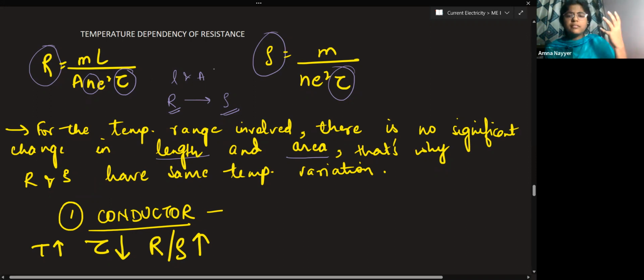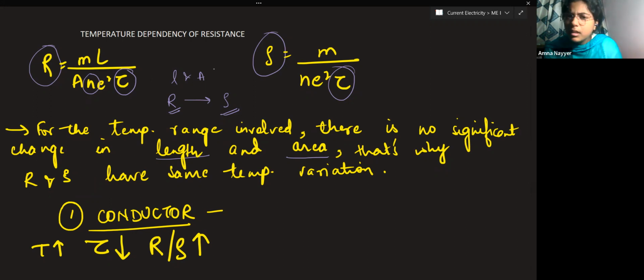So if resistance is changing by something, it is not necessary that resistivity changes by the same amount, unless length and area change very slightly. So there is effectively no change in length or area. Whatever temperature variation is involved with resistance is the same temperature variation involved with resistivity.